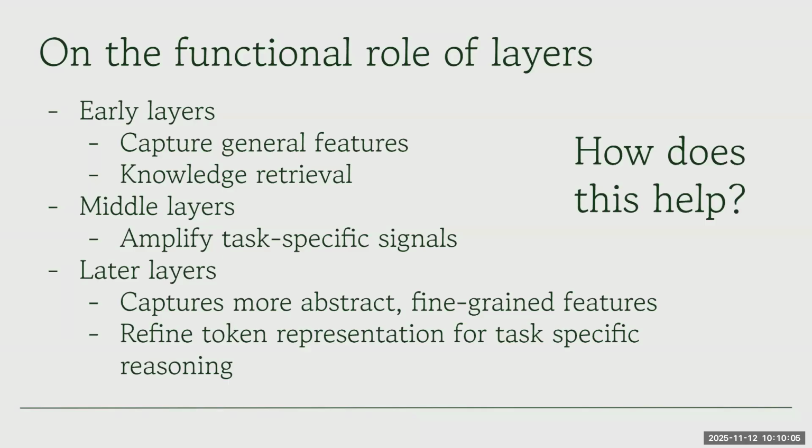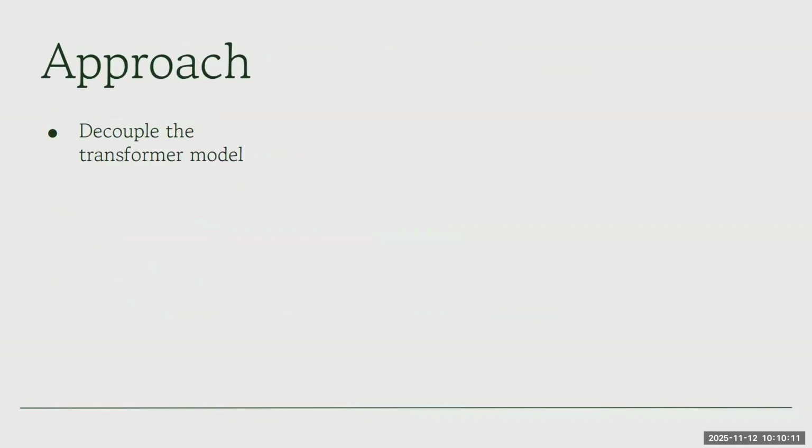So the authors noted this in the paper, and the next question they asked is, how can we take advantage of these specific properties of the different layers? What the authors did, in summary, was, one, decouple the layers of the transformer model. By decoupling it, you have the early, middle, late distinction.